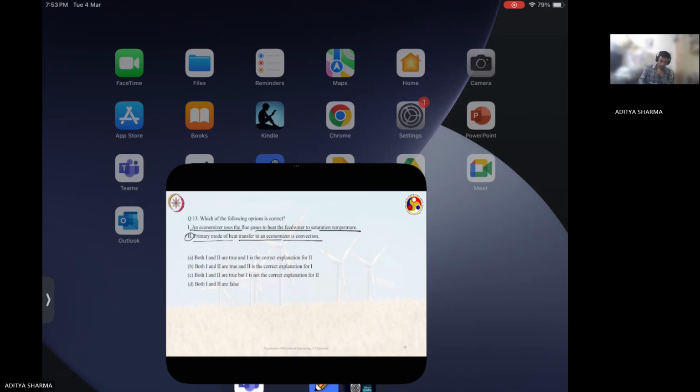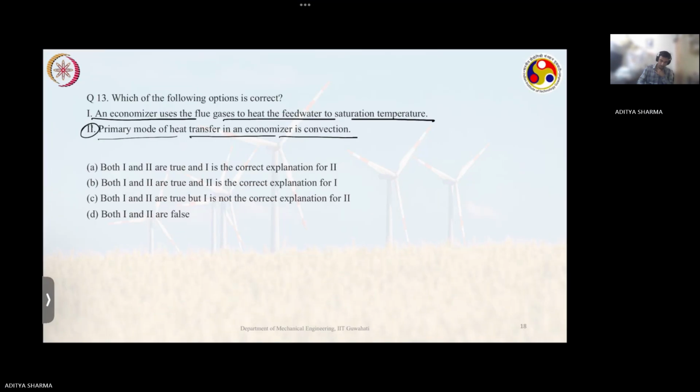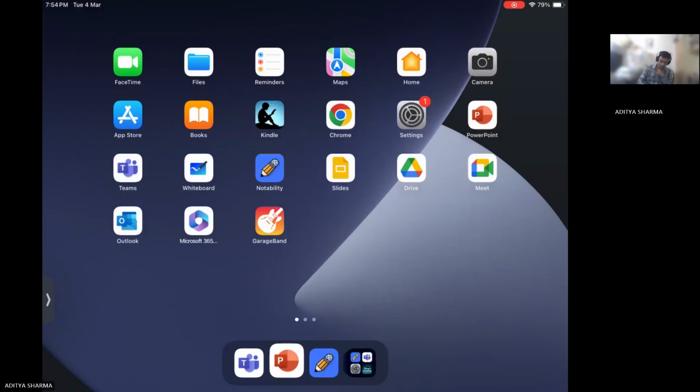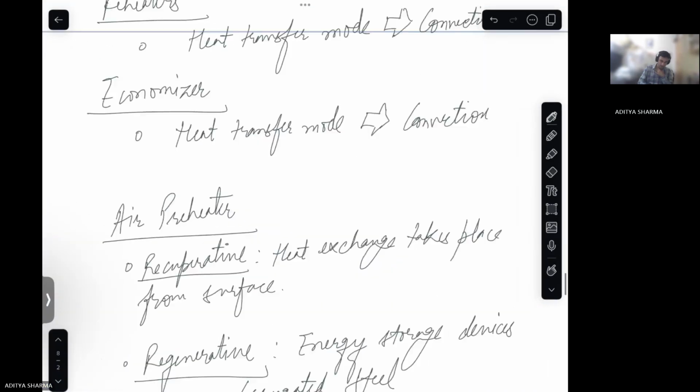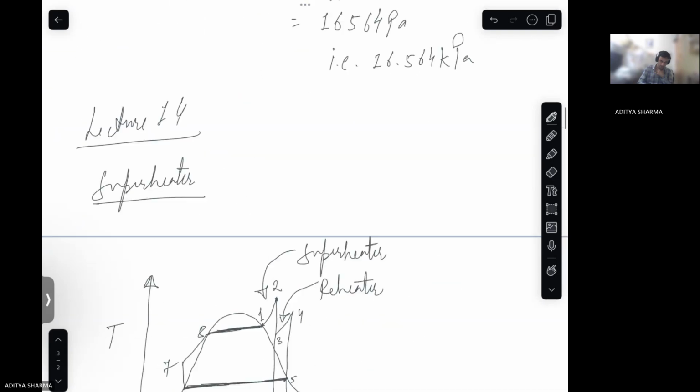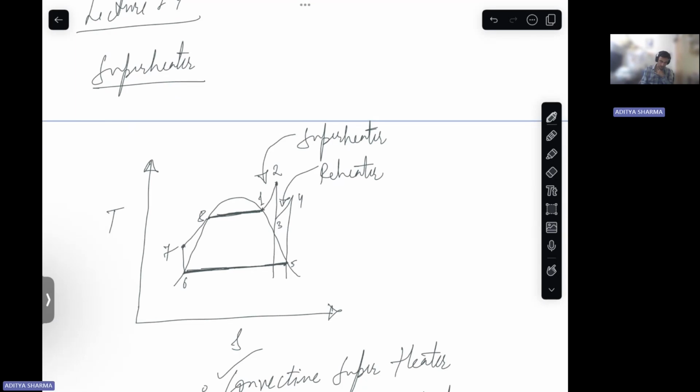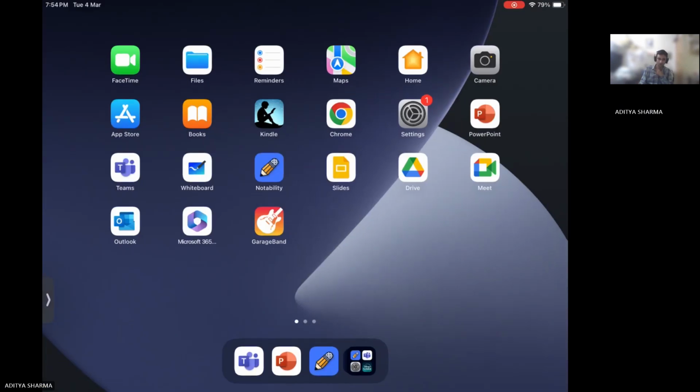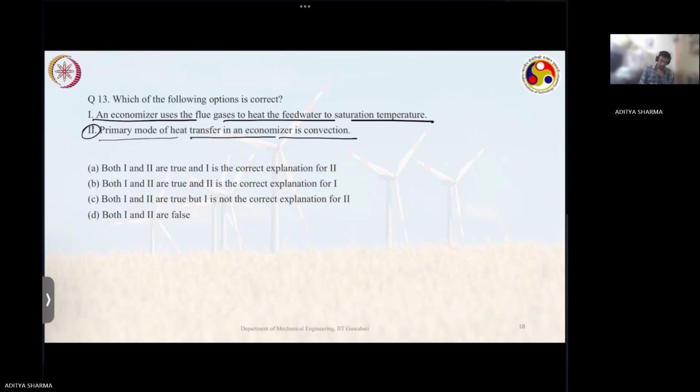So if you see this graph, from 7 to 8, right? 8 is your saturation temperature, where your liquid water is in saturated liquid state, right? So economizer uses flue gases to heat the feed water to saturation temperature. So this is also correct.